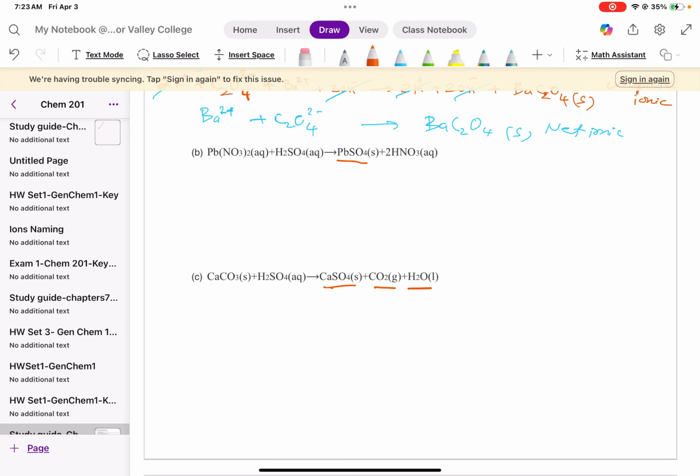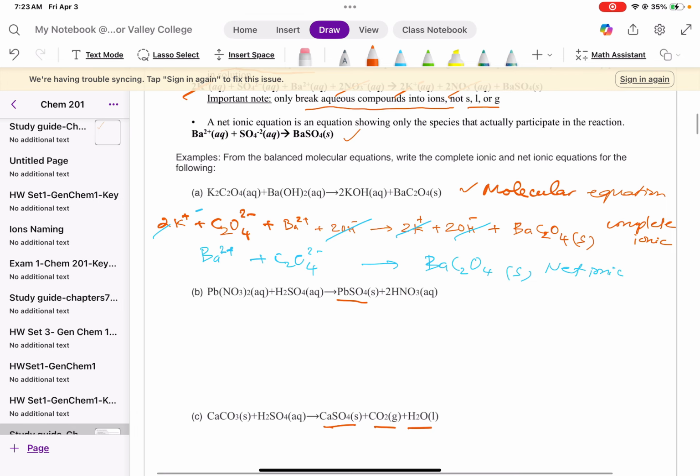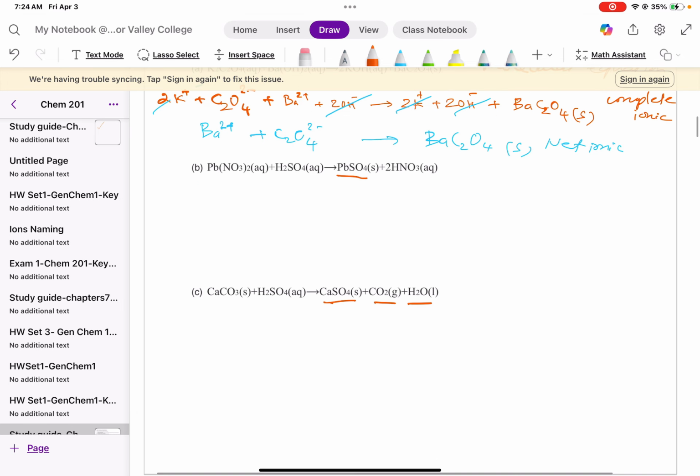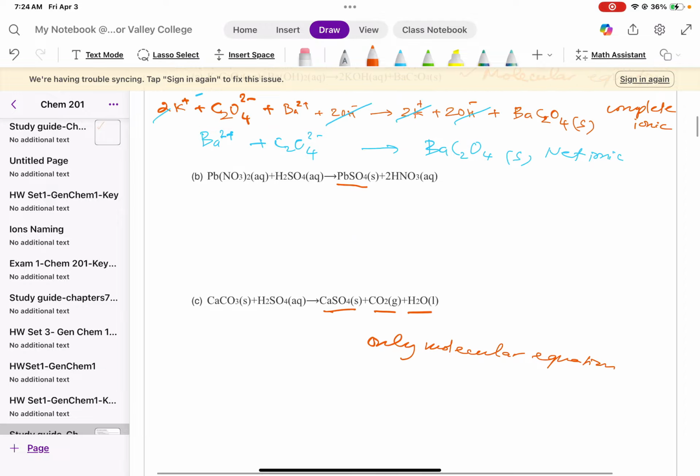So this one, only the molecular equation.